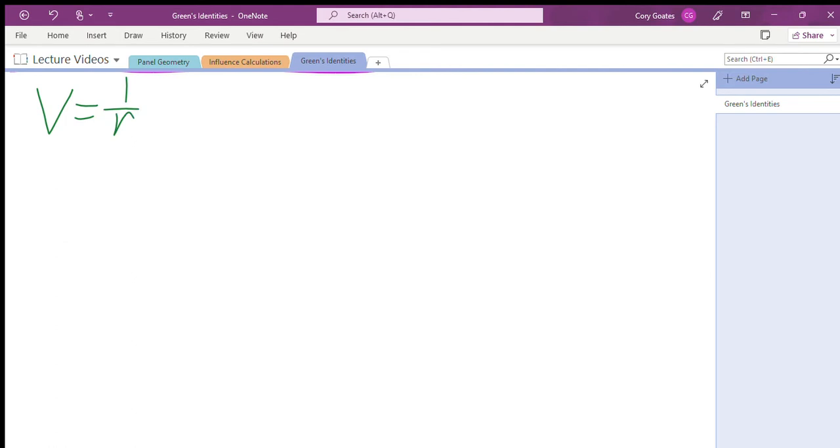Okay? And we're going to define a point. We'll call this point P, and P will have coordinates x, y, z. Okay? And we'll consider P to kind of be the origin of v. So r here is the distance from P to any point that we're considering. So we'll call that point Q.